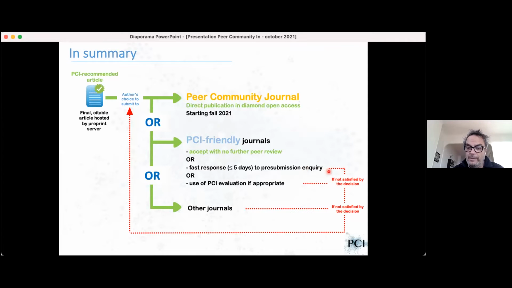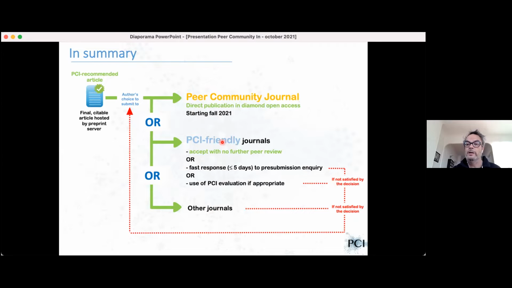And again, if they are not happy with the final decision, they can go back here and choose again one of the three options. So it can be very fast, and in less than 20 days, for instance, you can try three different PCI-friendly journals with the same evaluation procedure.